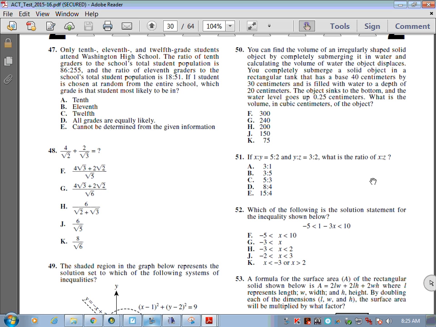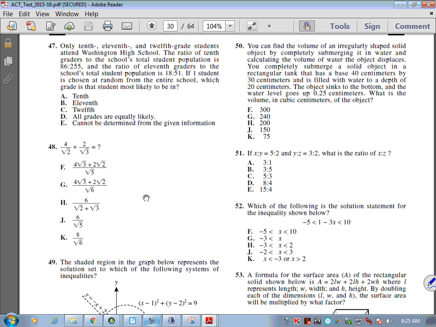All right. This one on 50, I drew myself a small cubic picture. Okay. So I drew myself something that looked like that. It says you can find the volume of an irregularly shaped object by completely submerging it in water and calculating the volume the object displaces.